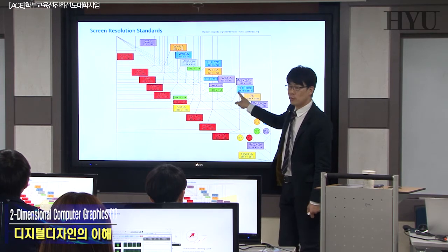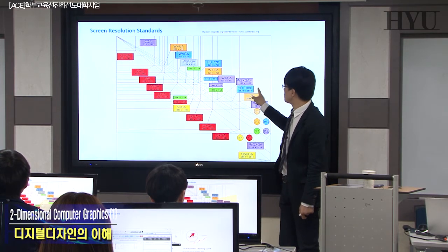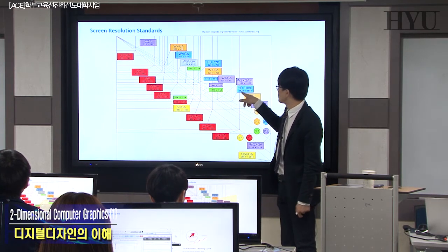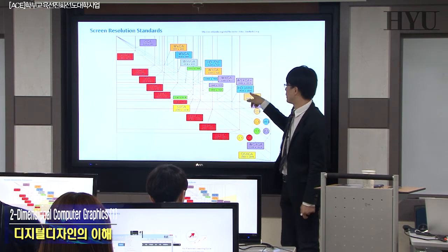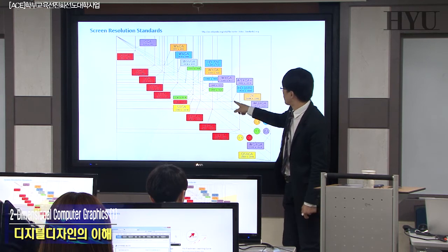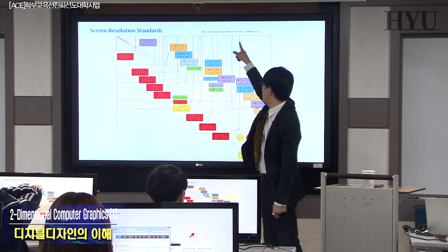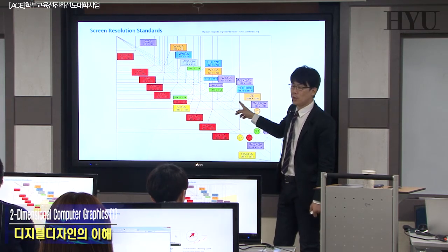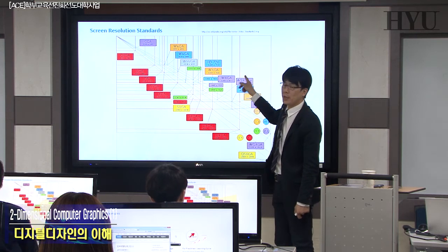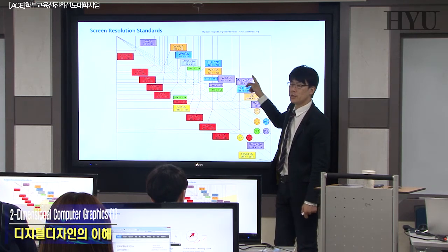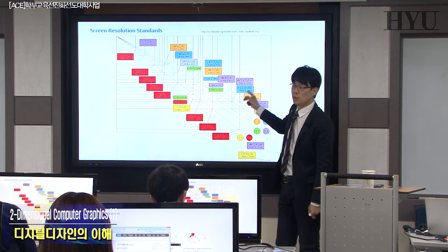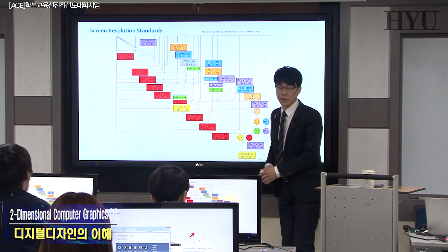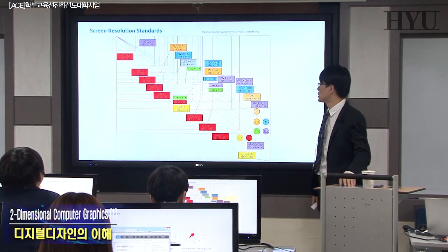Probably at your home, you have a full HD TV. Full HD TV has this number of pixels, 1920 by 1080. The height is 1080 pixels. So that is why we call it 1080p. P here means pixels, okay? That's how we calculate digital screen resolution.